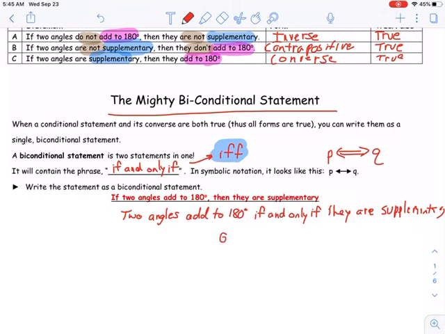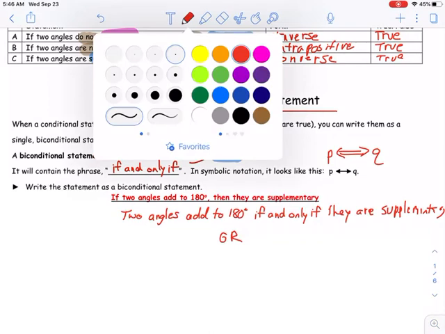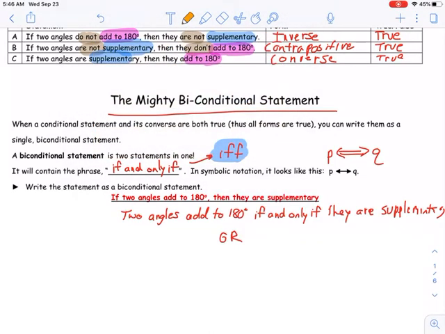Again, these are very strong sentences. They're the strongest of them all. I could write: two angles are supplementary if and only if they add to 180 degrees.